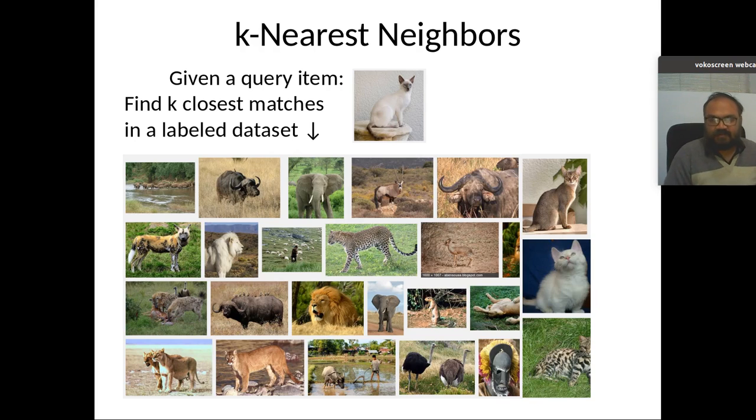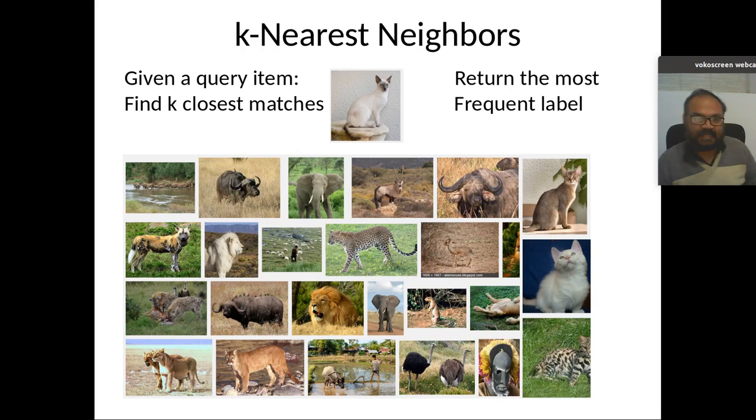So, for example, if it's one nearest neighbor, then we would just look at the closest neighbor of our query item, and if it matches with that, we would assign the label of that matched item to our query item. If k is more than 1, then we can look for the k nearest neighbors, and then we can return the most frequent label.